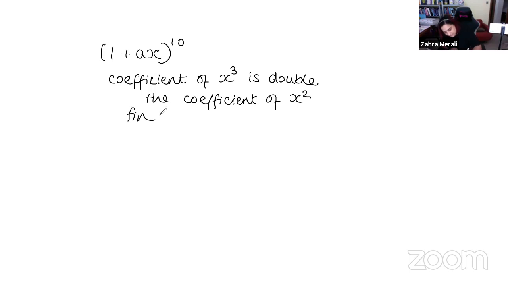Find a. Okay, so remember, we're going to look for the x squared term and the x cubed term. So the good thing is the x is in where the b would be. So your x squared term is going to be 10c2, 1 to the power of 8, and then ax, which is the whole of your b, squared.